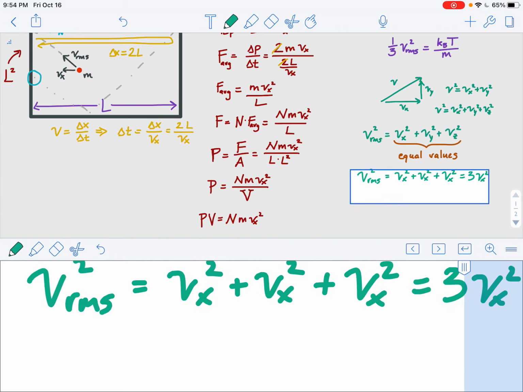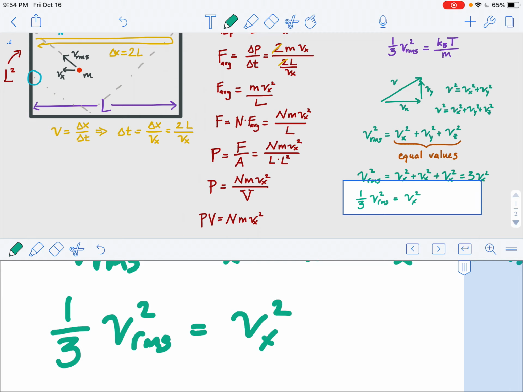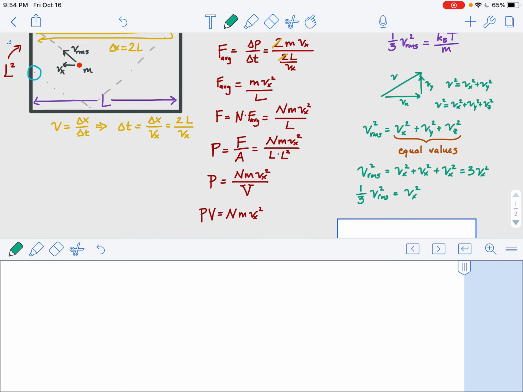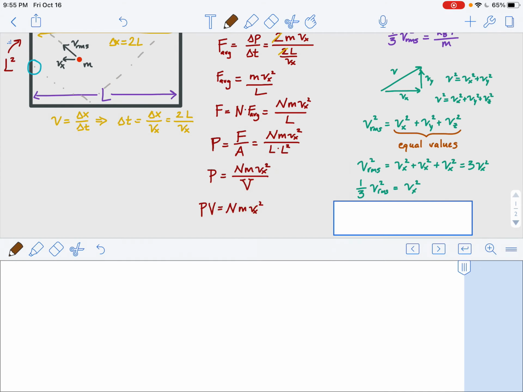Now you know why I like that divided by 3, because 1/3 of my RMS squared value is equal to the x component squared. Look at that. So then I can change color again. Brown. We'll do brown.